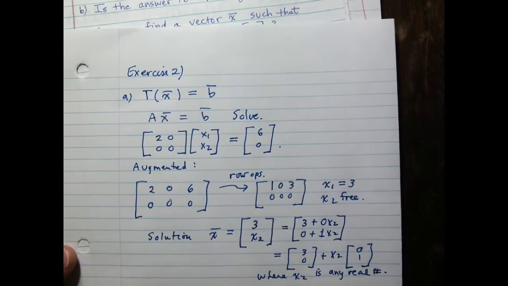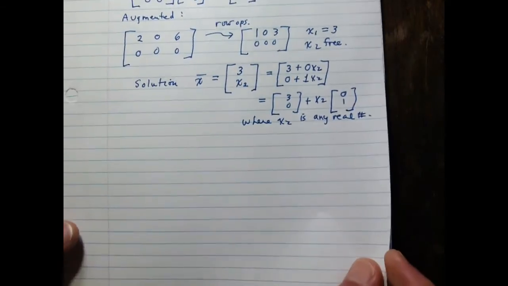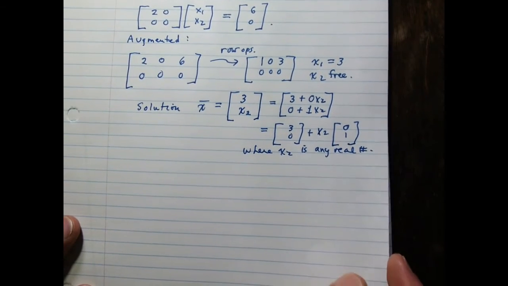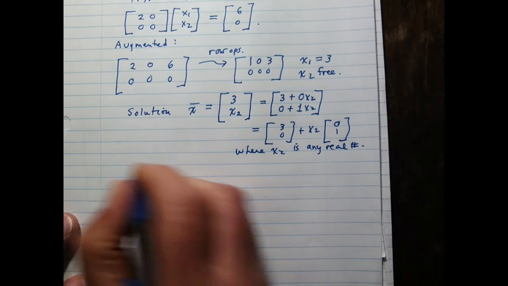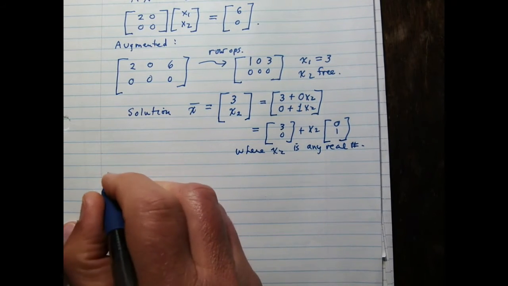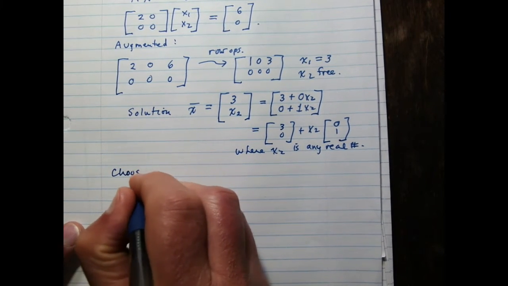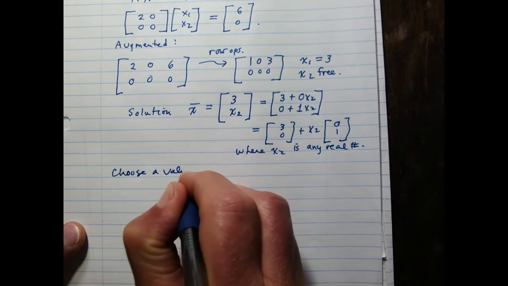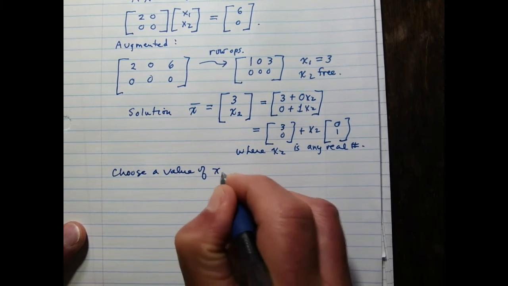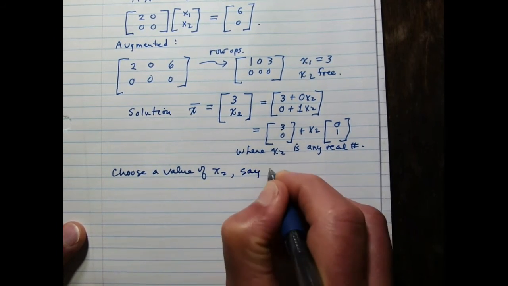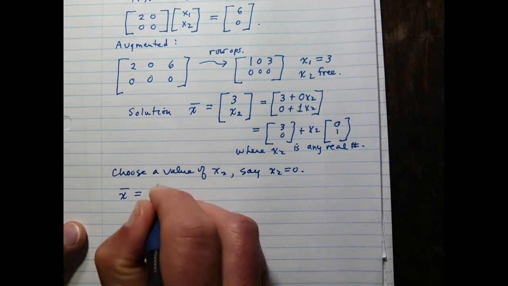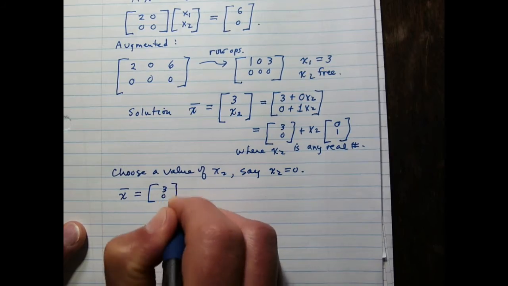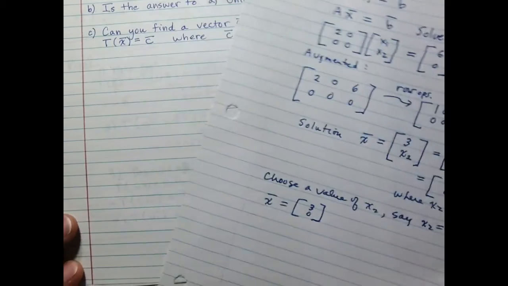And so now I've got to answer these parts of this problem, part A. For part A, I can just choose a value of x2, say x2 equals 0, then I get x equals 3, 0 all by itself.